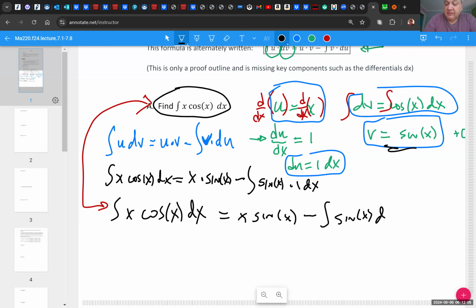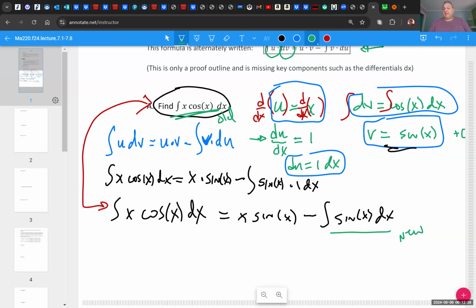So I always invite students at this point just to take a pause and look at the new thing they have. This is the new thing, and this was the original thing up here, the old thing. Is the new thing easier to anti-differentiate than the old thing? If the answer is yes, you did good. If the answer is no, you need to start again and try something different, because the whole idea is that it gets easier.